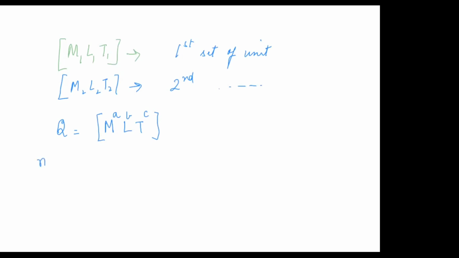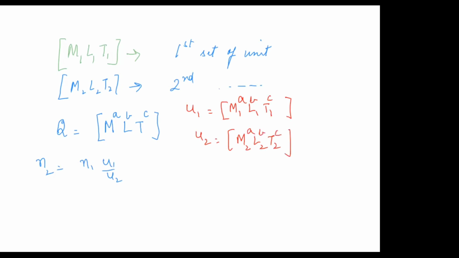Now, N2 is equal to N1 U1 upon U2. So, what will be here? U1 will be equal to M1, L1, T1 with the powers of a, b, c respectively. U2 will be equal to M2, L2, T2 with the powers of a, b, and c respectively.